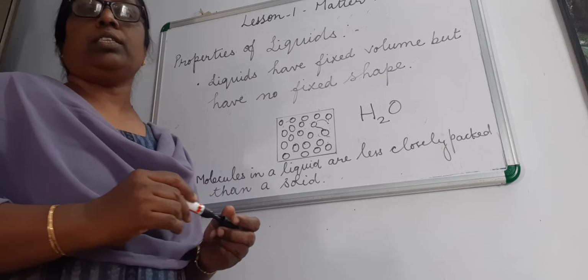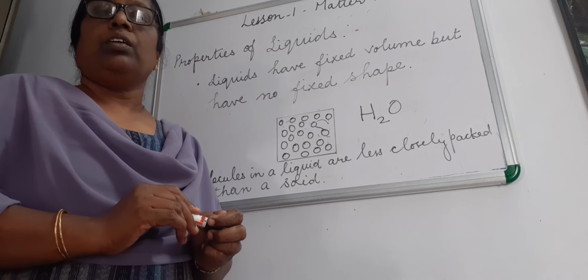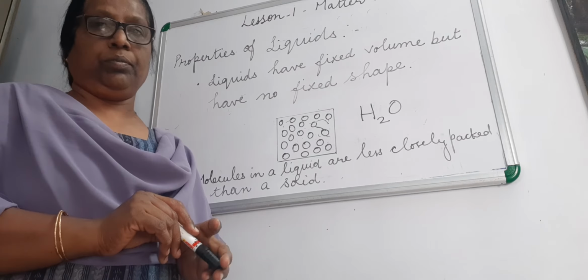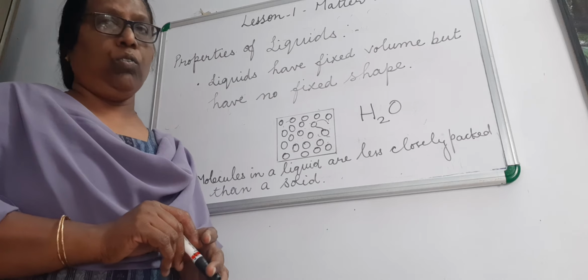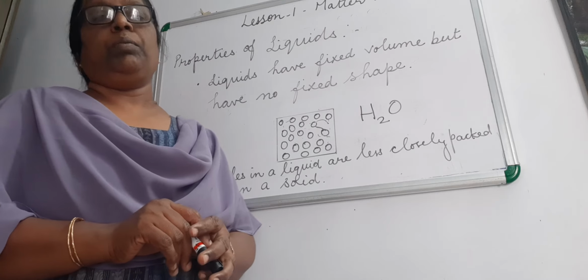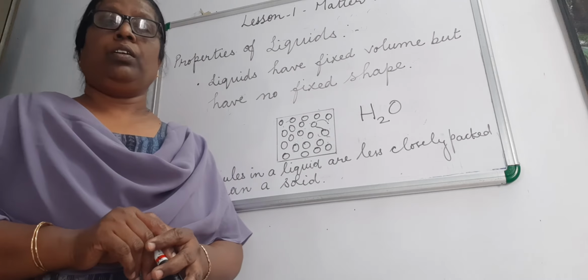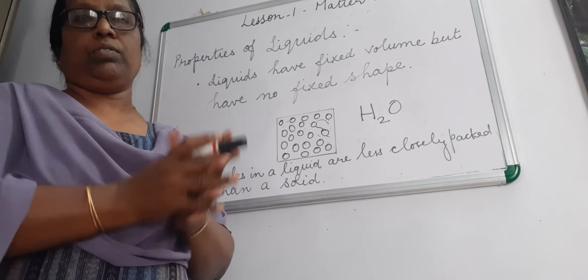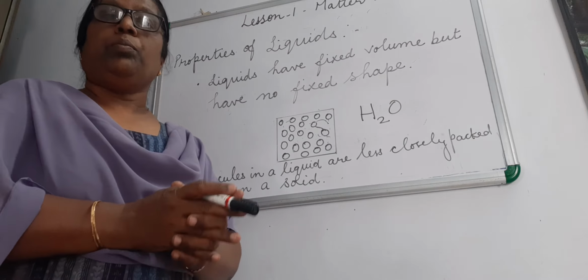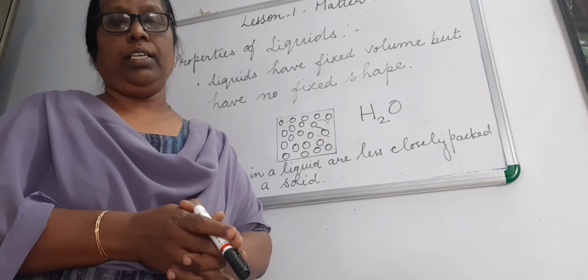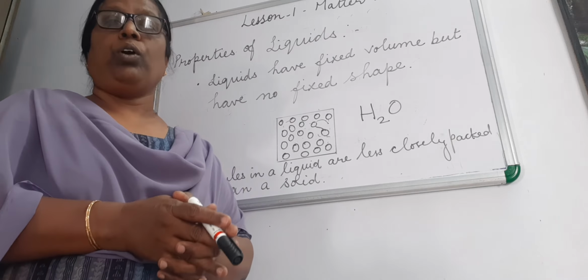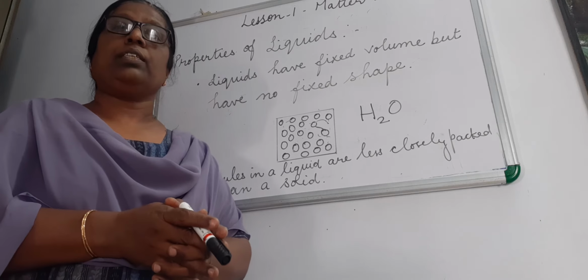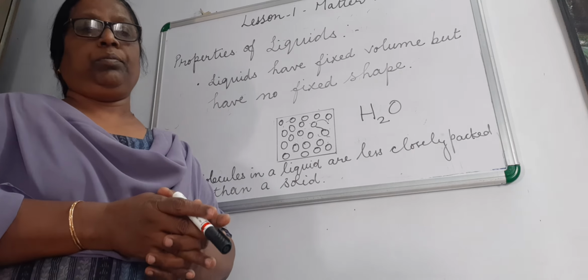H2O boils at 100 degrees Celsius. Tap water is not pure water. Pure water means distilled water. Only hydrogen and oxygen molecules will be there. That boils at 100 degrees Celsius. So the boiling point of pure water is 100 degrees Celsius.